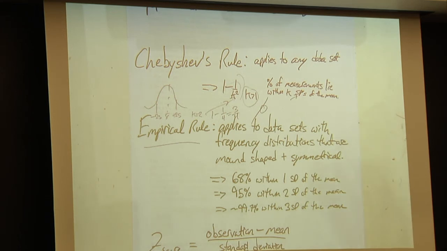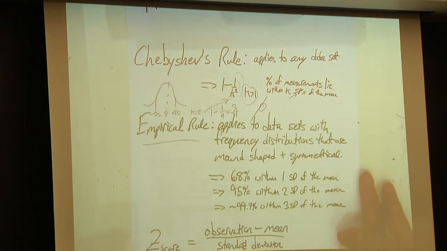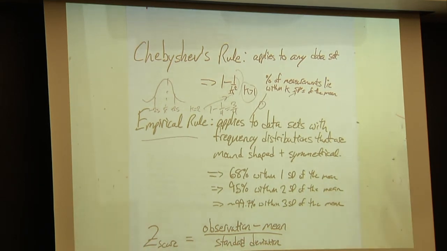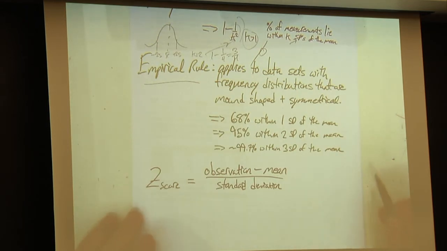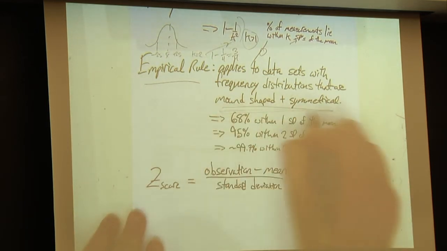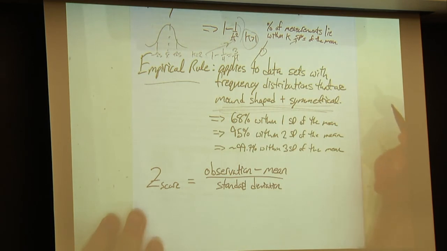And so we can make inferences based on that data in terms of the spread or where we might expect to find certain values, and that's all without knowing the shape of the distribution. Empirical rule tends to be much more useful, especially when we know we're mound-shaped and symmetrical. That's your key word. That's like a trigger word to know we're talking about empirical rule. You guys know more than this, obviously, with your normal distributions. You can read your tables and all of that good stuff.